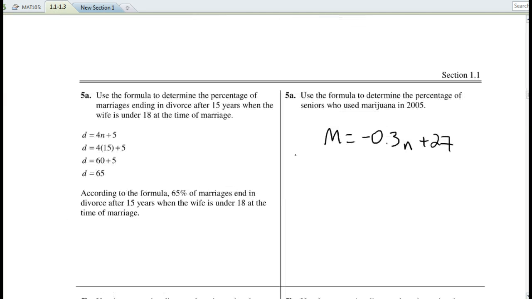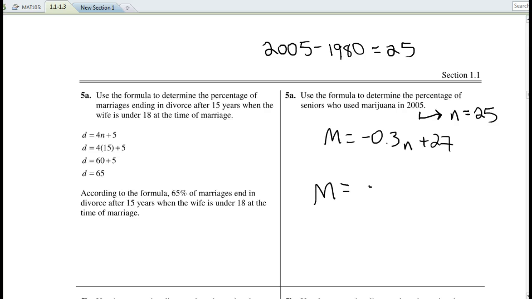Let's make sure. M equals negative 0.3 n plus 27. N is years after 1980. So this 2005 number corresponds to N equals 25, because 2005 minus 1980 equals 25. So we want to plug in 25 for N. Okay, so negative 0.3 times 25, I'm pretty sure that is going to be equal to negative 7.5 plus 27.